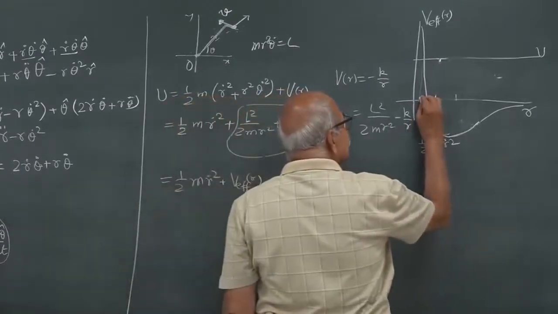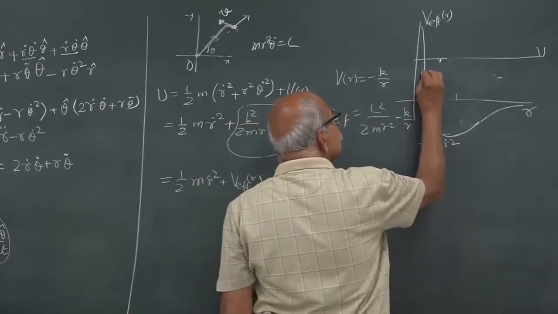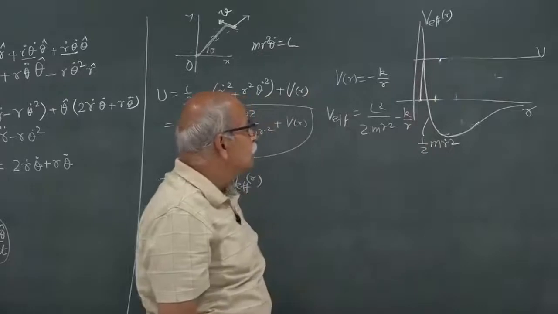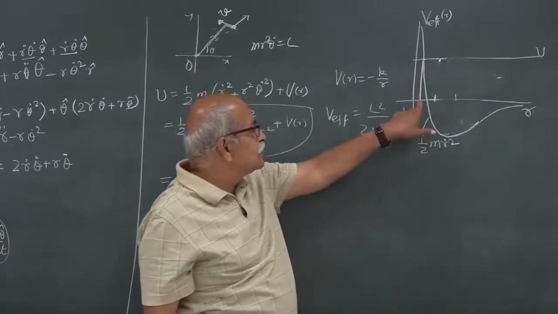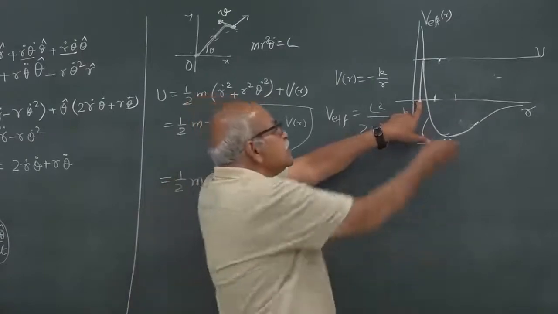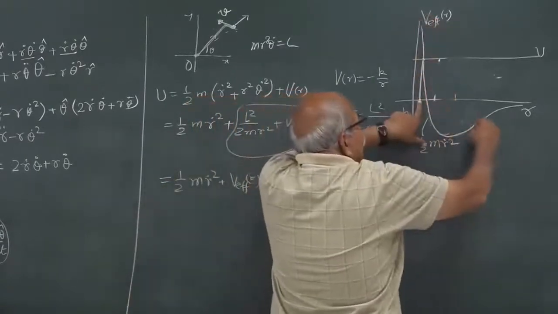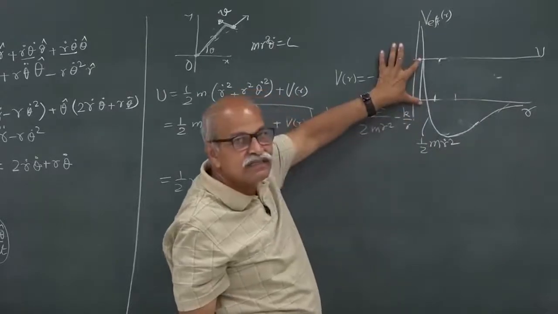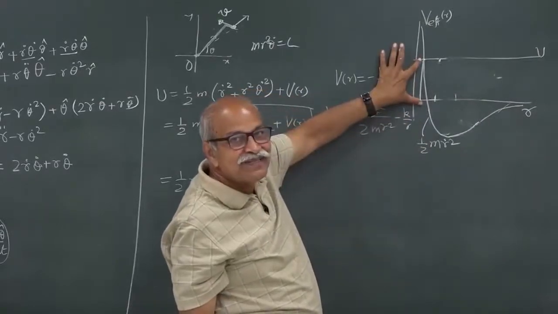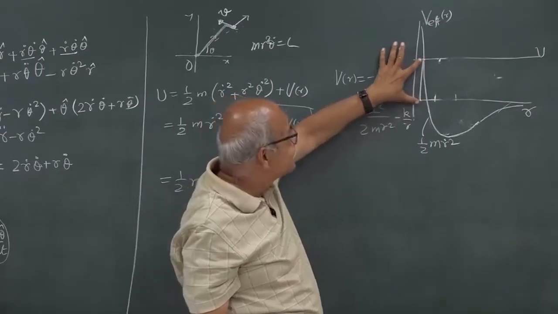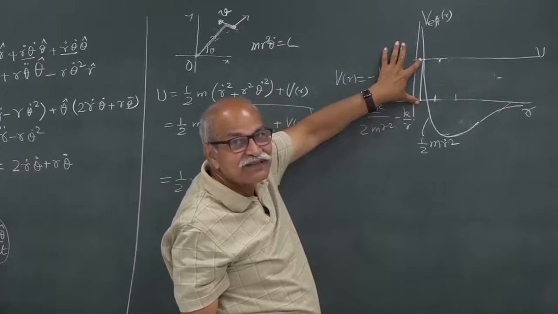If I draw a vertical line here, it just crosses this. So, at this point, what is the effective potential energy? Here is the curve. So, at this point, this is the effective potential energy, and how much is the total energy? That is always fixed. This is the total energy.